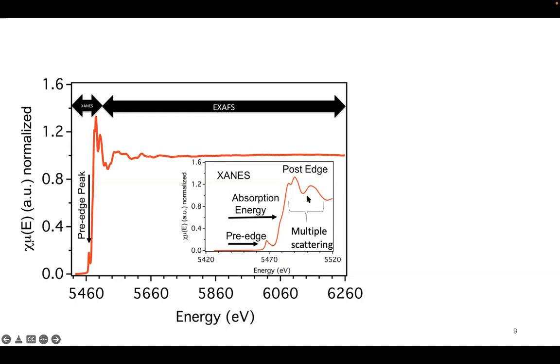Within about 50 eV of the absorption edge, that's right here, that typically gives you information about the multiple scattering features going on in the material. And then at even higher energies, we can have information about the fine structure.